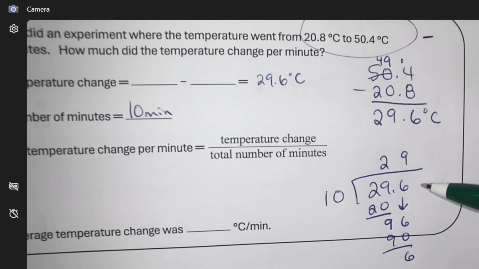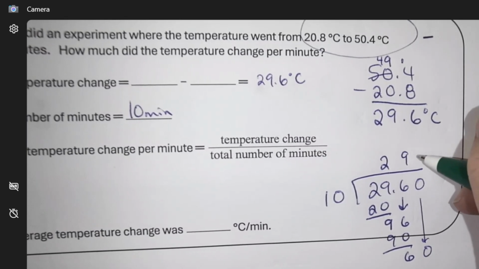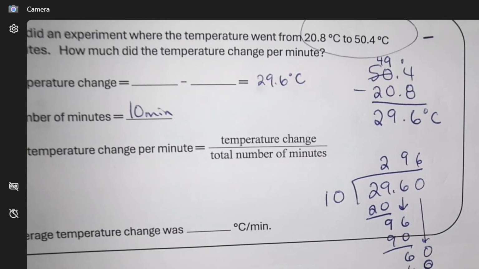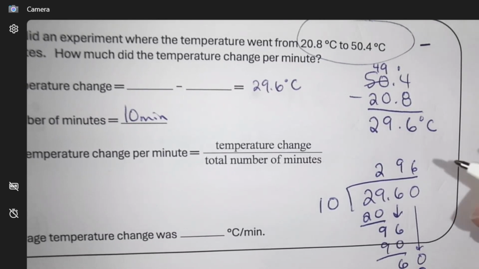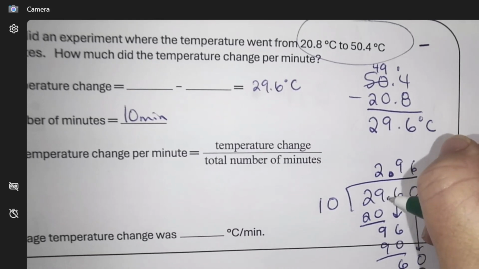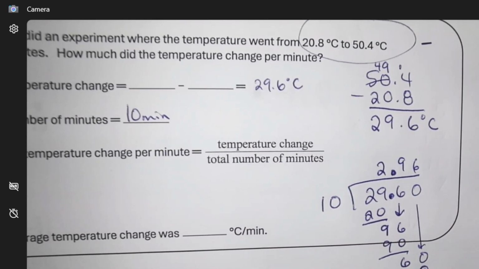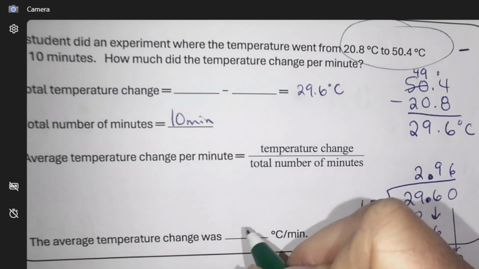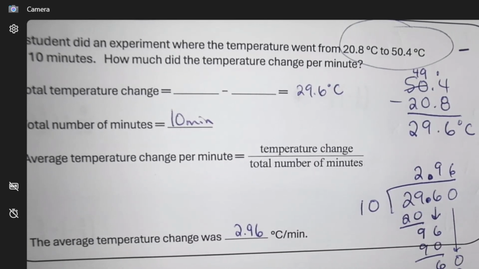And then there's nothing to pull down, so what could I put here? Zeros. So that is exactly 6, and we're done. What about the decimal? Where would it go? After the 2, because it needs to line up with that decimal. So our temperature was changing 2.96 degrees Celsius every minute.